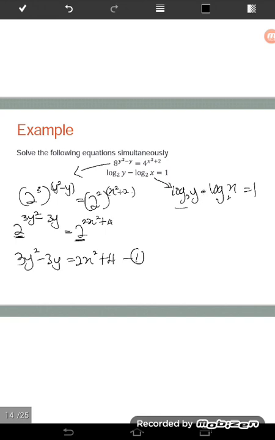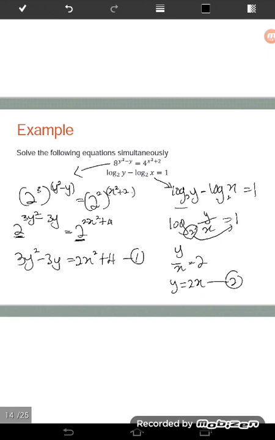Since here is minus, so become divide, so we will have log base 2 y divided by x, which is equal to 1. And then change into indices. So 2 bring to the right, so 2 ni kat bawah, dia akan tendang 1 naik atas. So y divided by x, which is equal to 2 power of 1. Okay, so from this we have y equal to 2x, equation number 2.